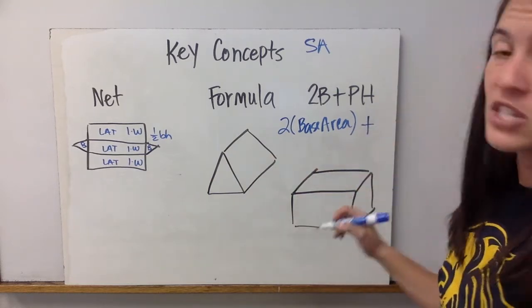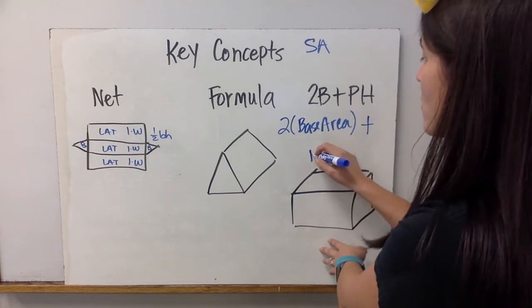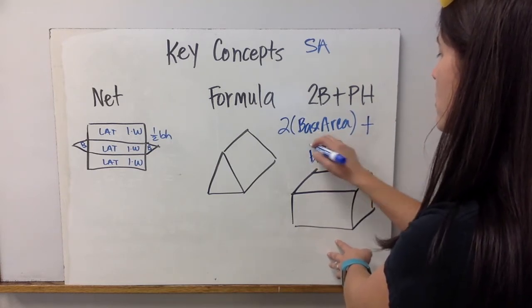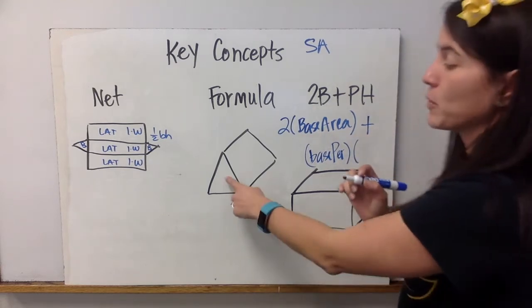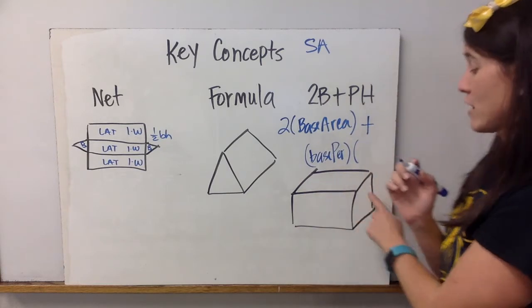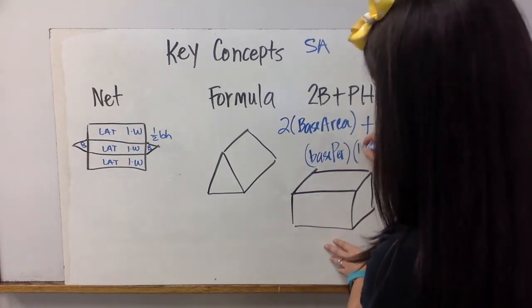And then we're going to add to it P. P stands for perimeter of the base. So the base perimeter, whatever the base is, the perimeter of the base, or like this one, the perimeter of the base, and then the height of the prism.